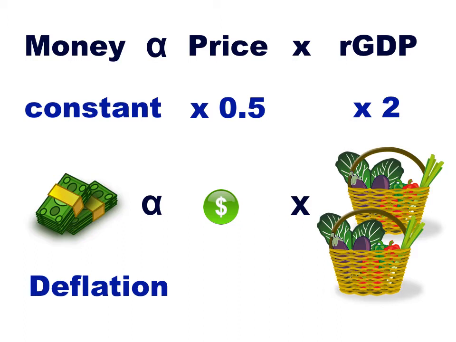I'm keeping my money supply constant. I've doubled my real GDP. So in order to bring that right side back to constant, my price is going to increase by 50%. 0.5 times 2 equals 1.